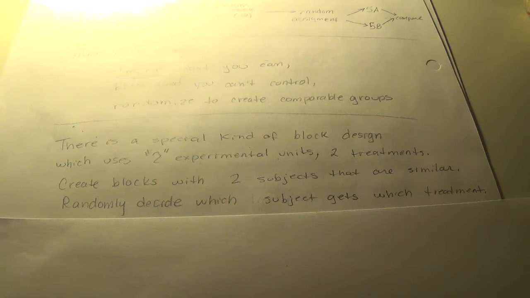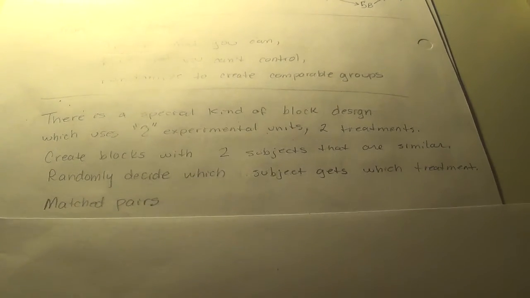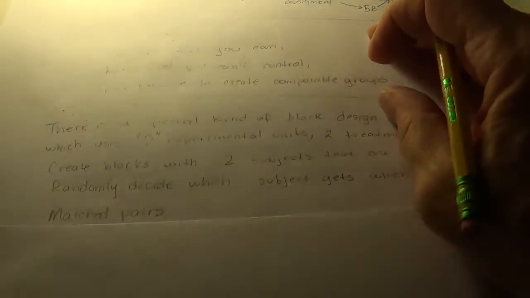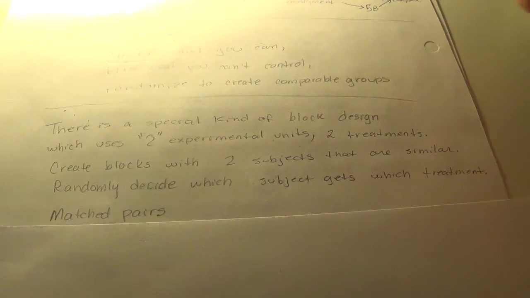Then we compare the results between the 2. That has a name, it's called matched pairs. For some reason, our book and the AP test and everything, they just go nuts with matched pairs. They love matched pairs. Those questions will pop up in your statistics future.